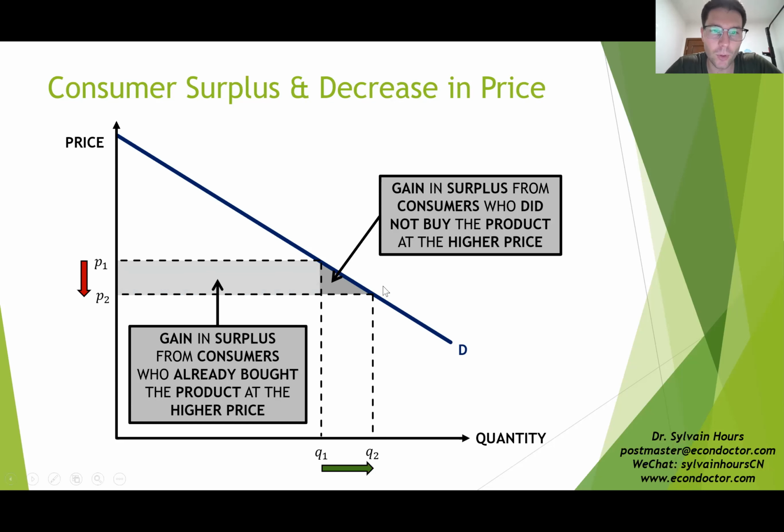And this small triangle is the gain in surplus from those who did not buy the product when the price was P1 and who buy it when the price is P2, like the new consumers, if you want, right? The new buyers who start to consume the good.